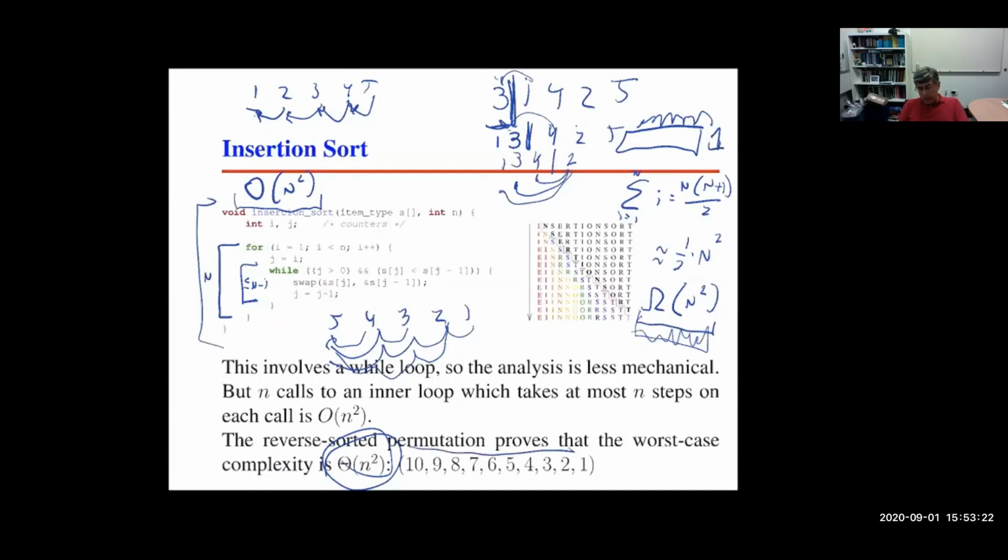It is going to take at least a half times n squared, right? That says if the worst case running time is at least a half times n squared, that means that it is omega of n squared, right? Okay. And when I tell you it's n times at most n, that's the argument that it's at most n squared. If something is at most n squared and at least n squared, well, then it is theta of n squared. Okay, yeah, gotcha. And that's the reasoning that we want. Okay, any questions about that?